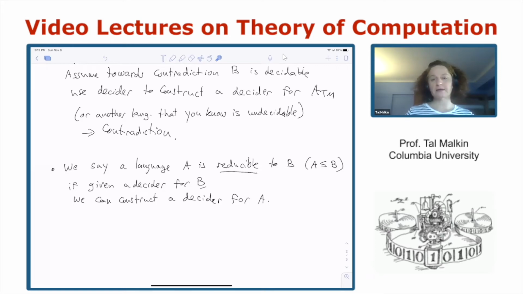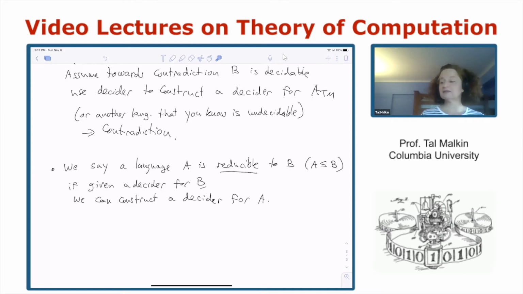Think about writing code for something in a programming language and you call some function. So if you had some solution for B, you can call it as a function in order to construct a solution for A, right? For example, if you have a way to multiply integers, you can write a program that takes an integer to the power of another integer by calling the multiplication subroutine. Okay, this is a way to use it to construct algorithms.